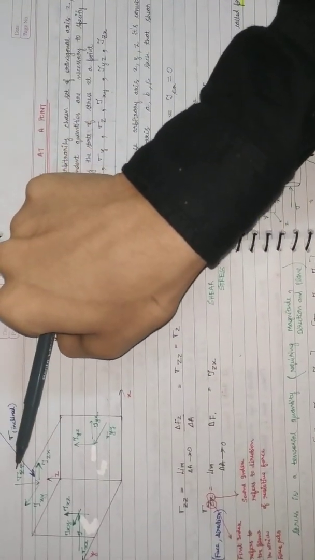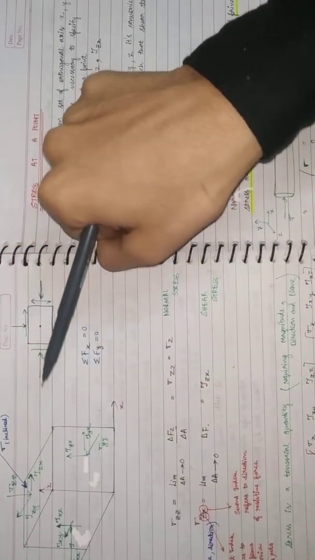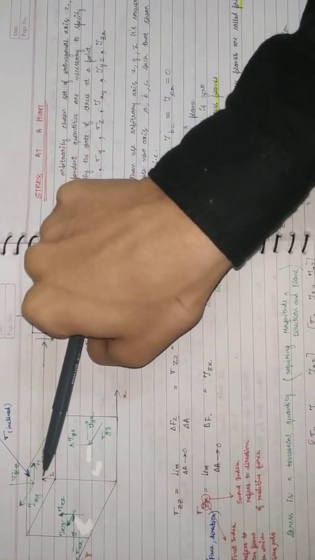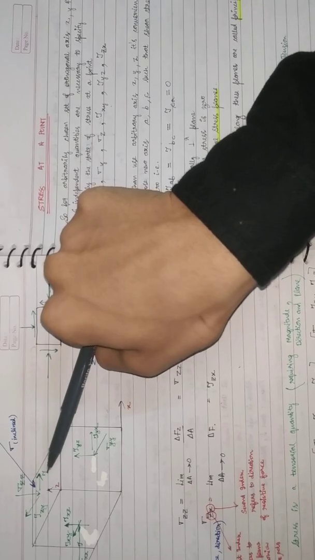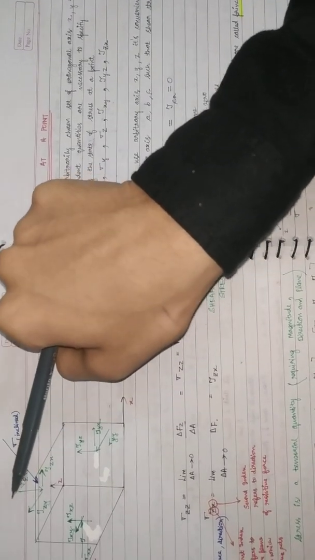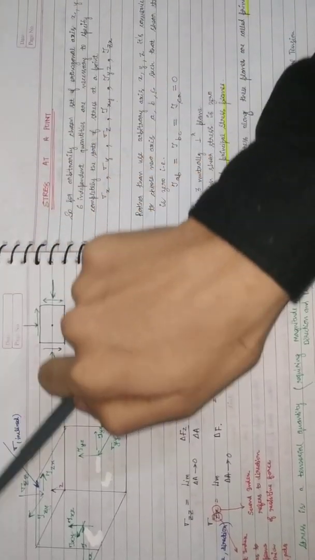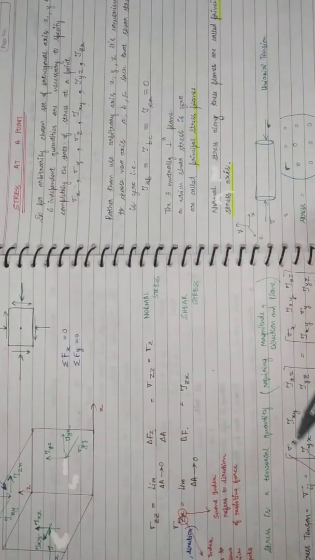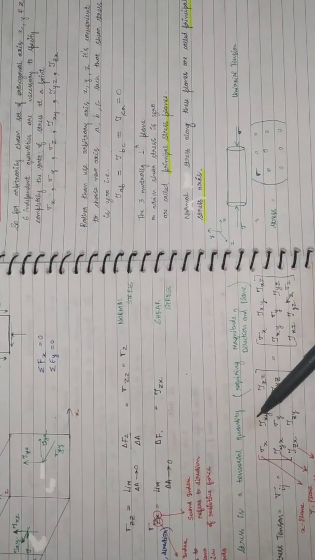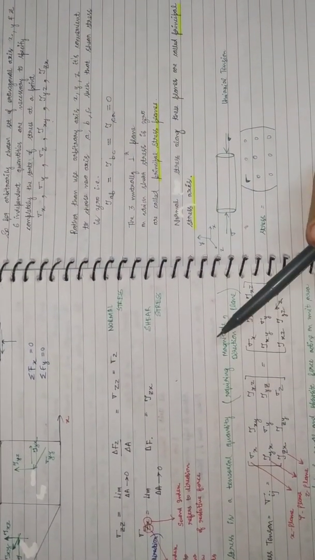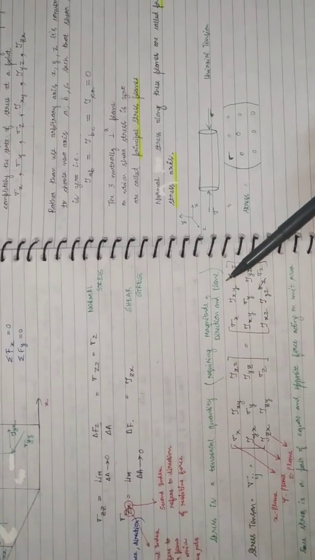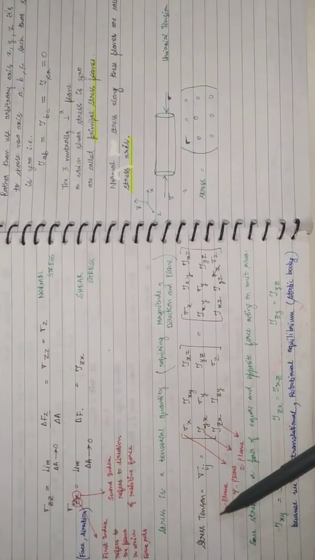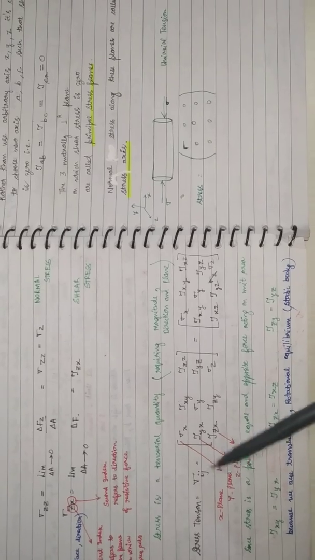The component of sigma parallel to the z plane is known as the shear stress. Now, since stress is a tensorial quantity, that is, it requires magnitude, direction, and the plane, we represent the stress tensor sigma ij as sigma x.